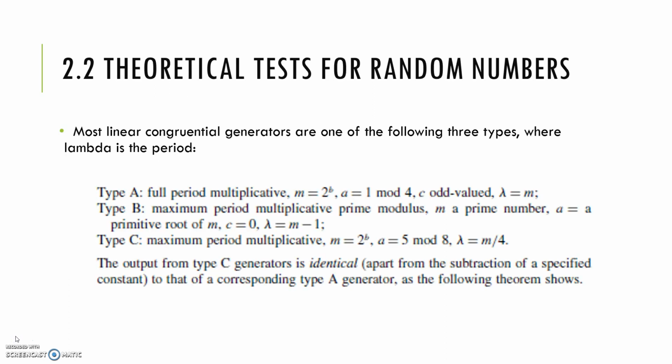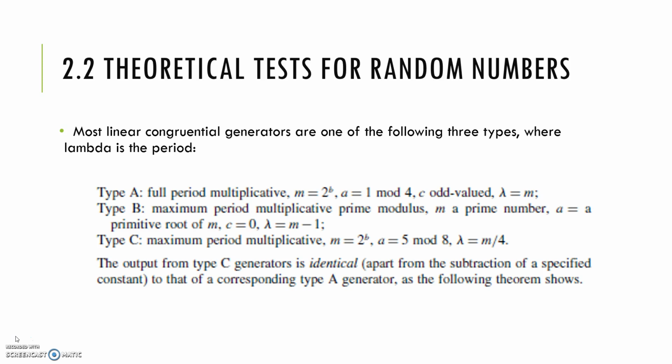Alright, so now going into section 2.2, the theoretical test for random numbers. Just starting out, most linear congruential generators are one of the following three types, which this is a snippet from the book, where lambda is the period. So you have type A, which is a full period multiplicative, and you can see the conditions for the parameters right there. And then you have type B, which is a maximum period multiplicative.